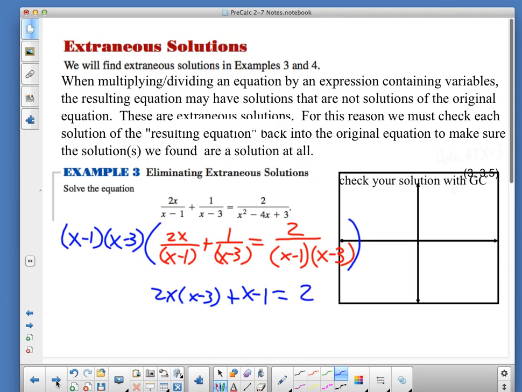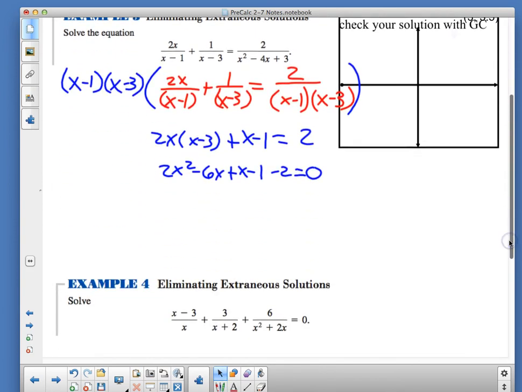So now I'm going to distribute: 2x squared minus 6x plus x minus 1 and subtract 2 equals 0. So I got that stuff on the same side. And as I'm looking at this, I've got 2x squared minus 5x minus 3 equals 0.